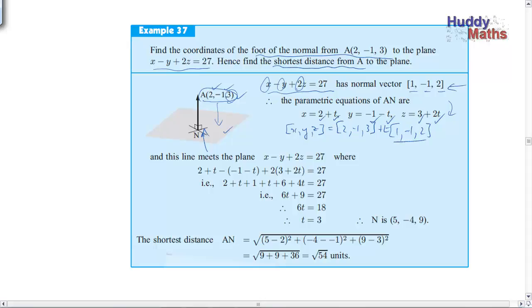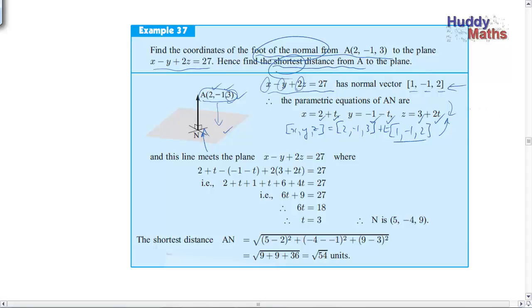You want the normal vector because you want the foot of the perpendicular, and then expanding that. Okay, so we're leaving out that step. So just think of that, make sure you're clear, and that line is perpendicular to the plane because we want the foot of the normal and then the shortest distance. So we need the perpendicular coming down there.